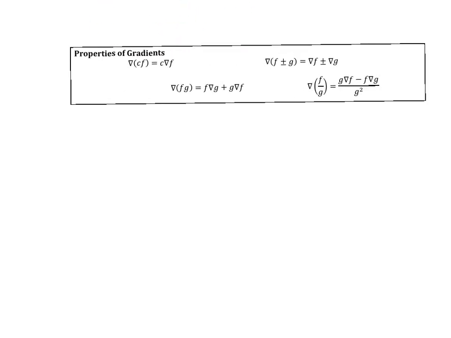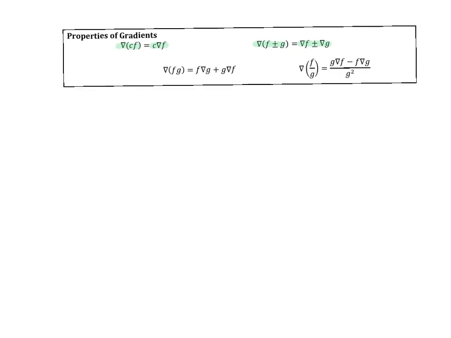At the very bottom box, there are some properties that you may come across, and they're properties with gradient vectors. If you have a constant times your function and then you find the gradient, you can factor that constant out, compute the gradient of your function, and then multiply by that constant. If you're adding or subtracting two functions, you can always distribute that del operator and take the gradient of f plus or minus the gradient of g.